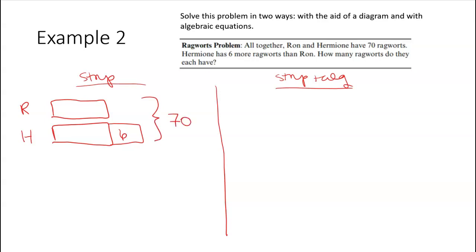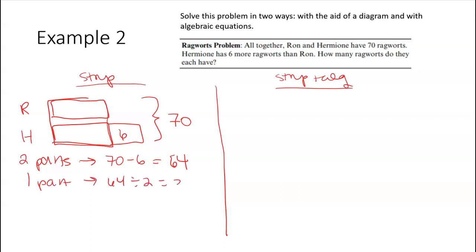So how many do they each have? So we know that these 2 parts are the same, and they're equal to the total minus 6, right? 70 minus 6, which is 64. So then 1 part is 64 divided by 2, 32.